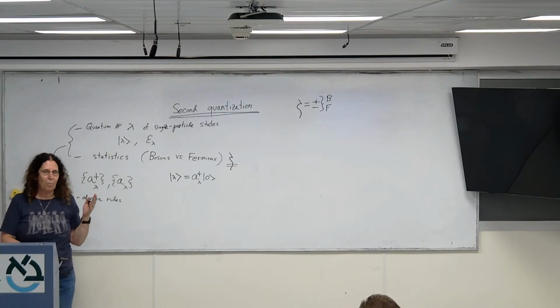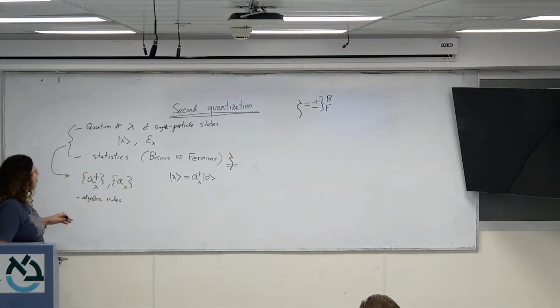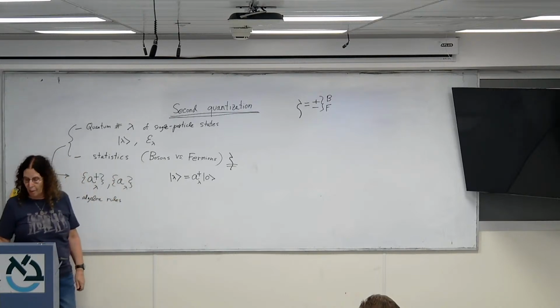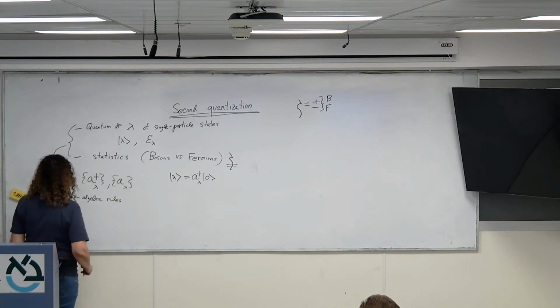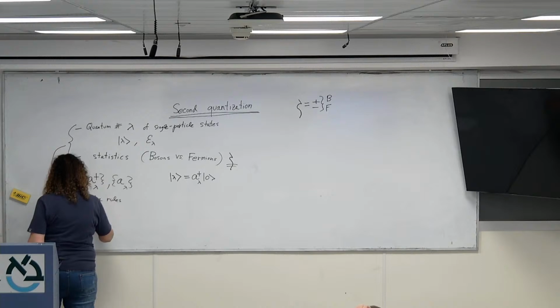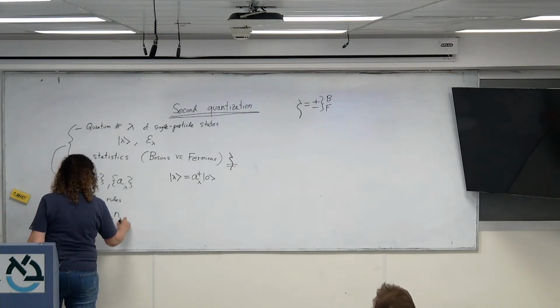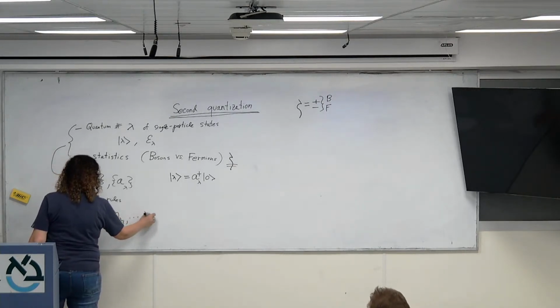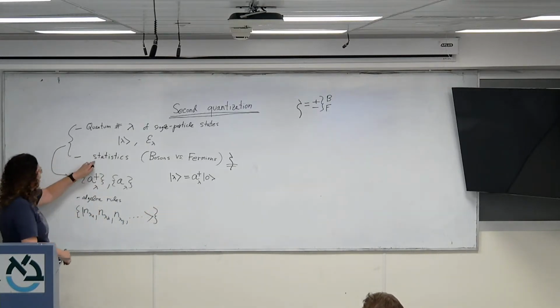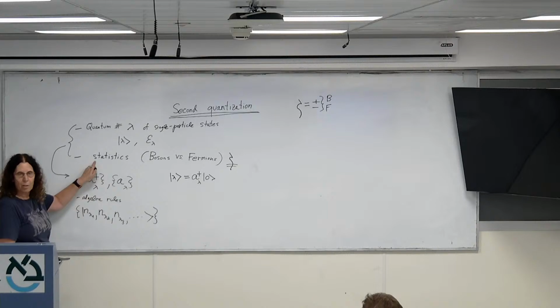So this is a single particle, but I want to know how to write a general state in our Fock space, where the basis of states are of this form, the set of occupations supplemented by some algebra rules that account for the quantum statistics.